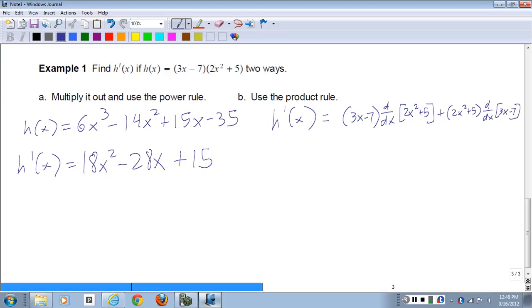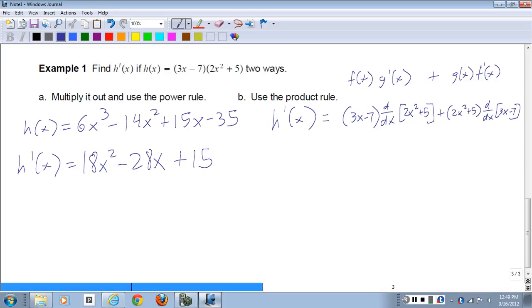The first times the derivative of the second, plus the second times the derivative of the first. f of x, g prime of x, plus g of x, f prime of x. That's what's going on here.